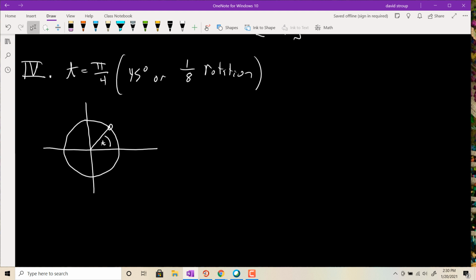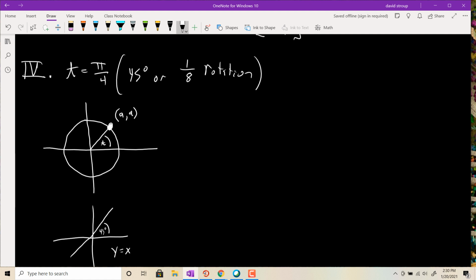Right off the bat, we can get the point by noting that this is on the diagonal. So this point right here is on the line y equals x. Whatever you have for your x value, say it's a, you're going to also have that same value for the y value. You remember the formula for a diagonal line through the origin? It's just y equals x, and that would give you this diagonal. That turns out to be a 45-degree angle.